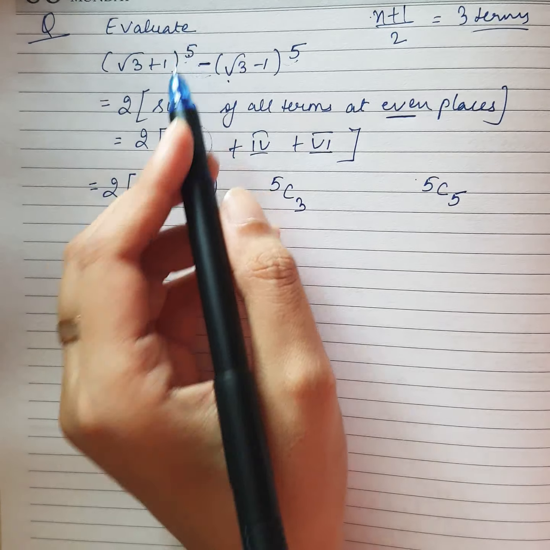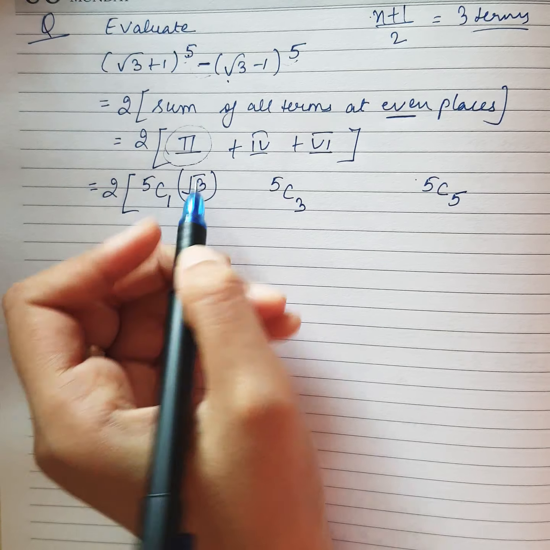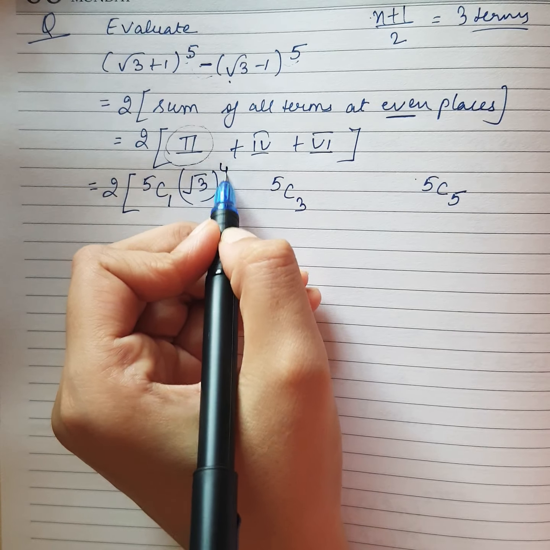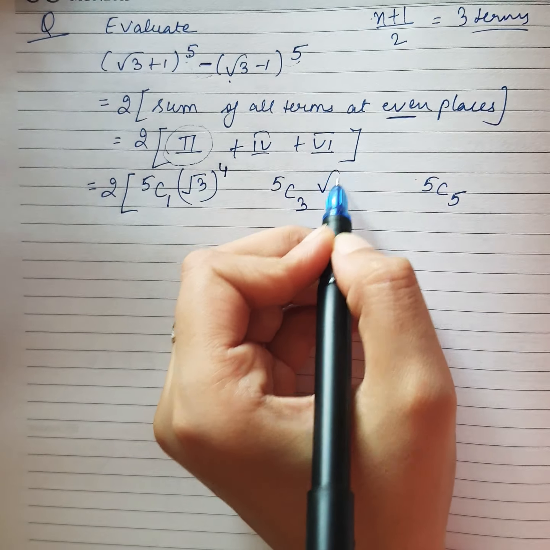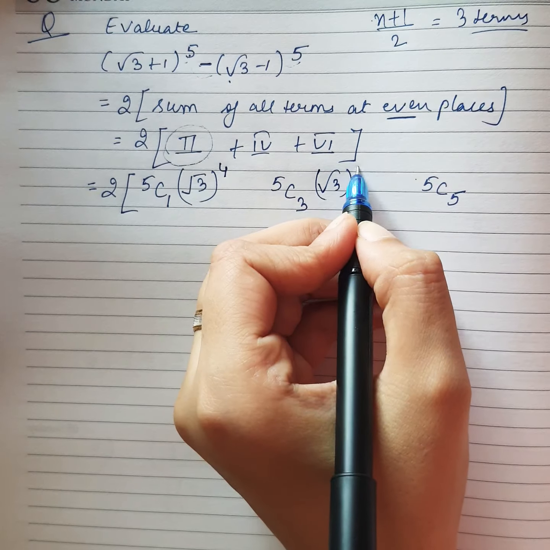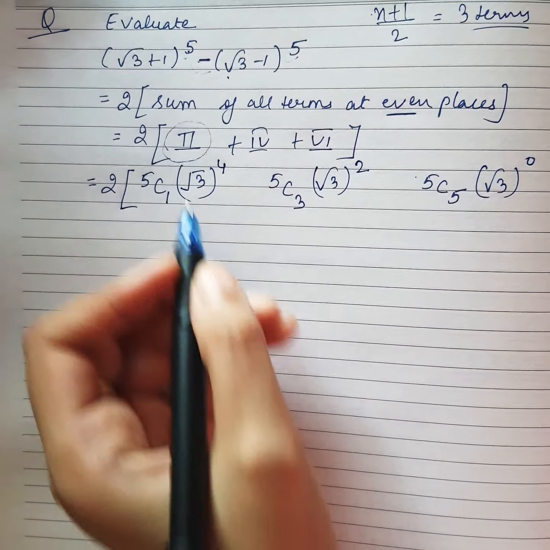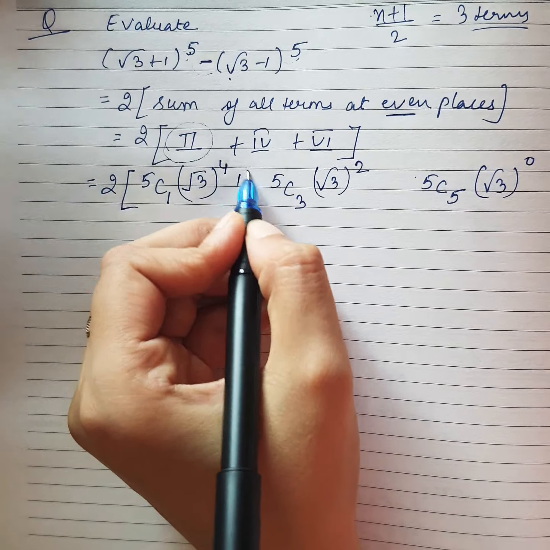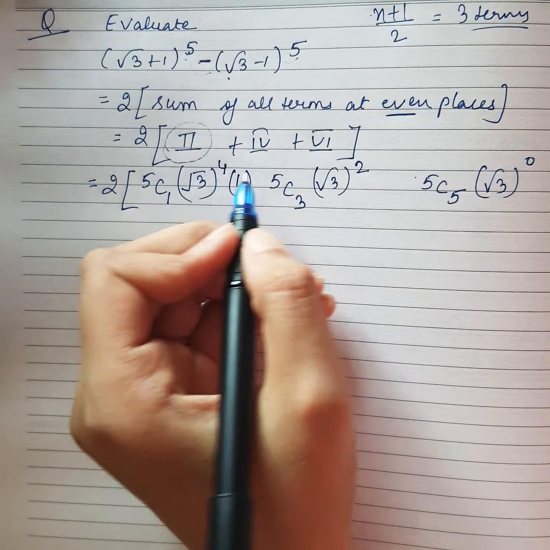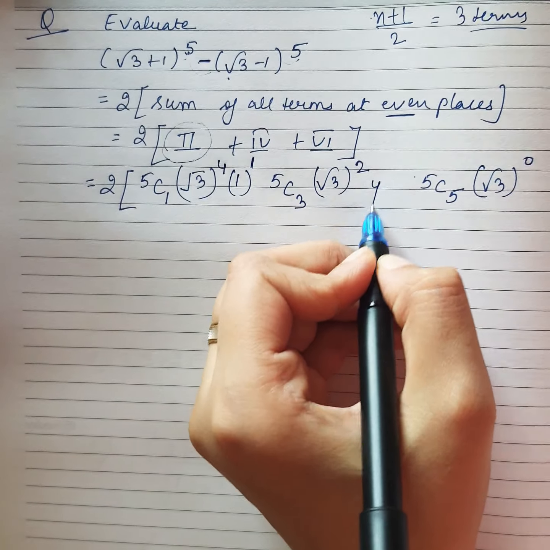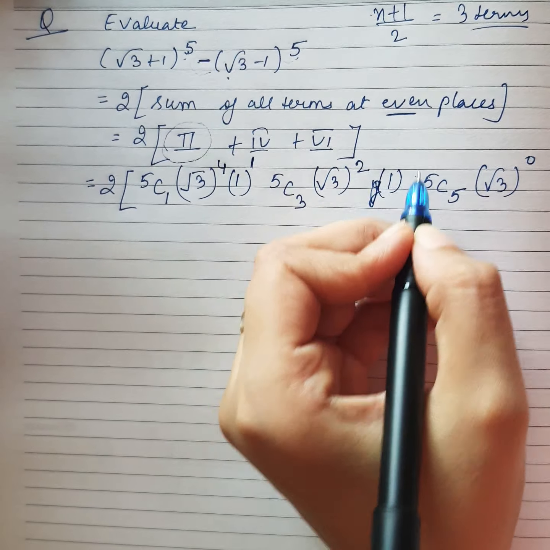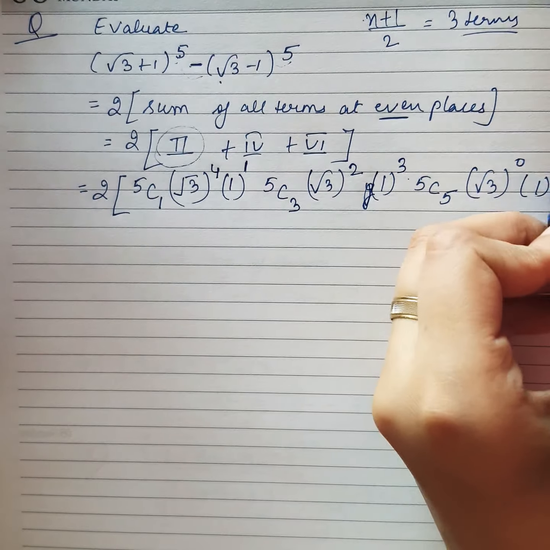We always start from the highest power, but this is not the first term, so one power less, 4. Then 2 and then 0. And for the second term we start from 0 in the first term, so this will be 1. Sorry, this is 1, 3 and 5.